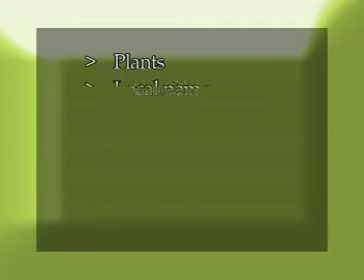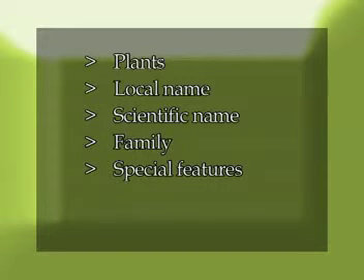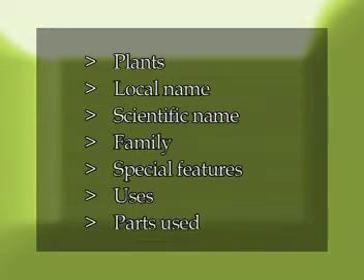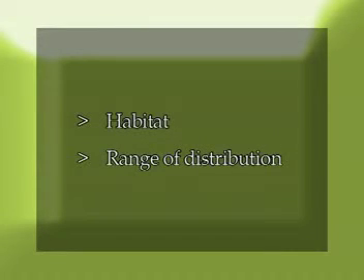Botanic gardens usually have labeled plants that provide information about the plant's local name, scientific name, family, special features, uses, and parts used, etc. Sometimes the labels may give us more information about when and where the plant is collected, its habitat, range of distribution, etc.